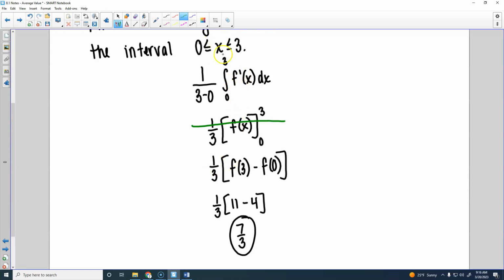And then you need to show how this converts to be an f of 3 minus f of 0. You could leave this out in the middle if you would like. And then you need to show where you get those numbers right there. I mean, maybe they would let you skip this step, but I wouldn't.